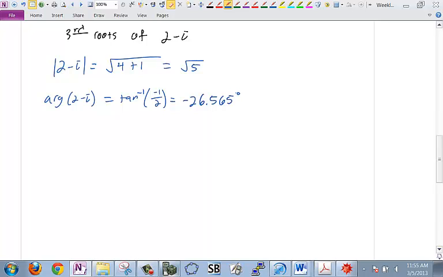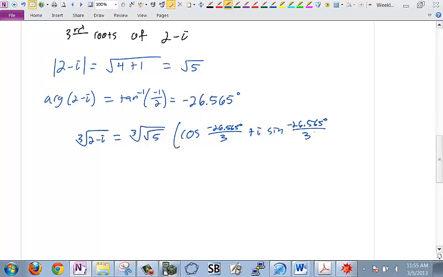So, my principal cube root of 2 minus i, that's going to be the principal cube root of the modulus. So you're going to have the cube root of the square root of 5 times the cosine of negative 26.565 degrees divided by 3 plus i sine negative 26.565 degrees divided by 3.